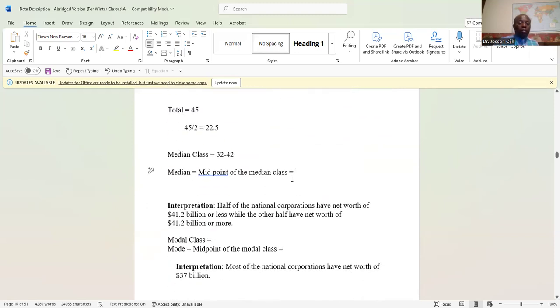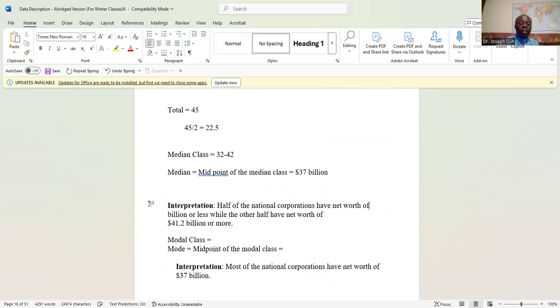So the median is 37 billion. If you use a formula, you might get a value that is a little different, because this is group data and we can only estimate it.